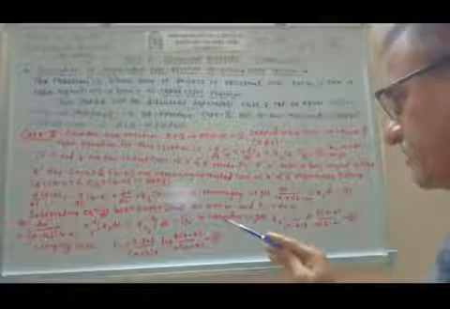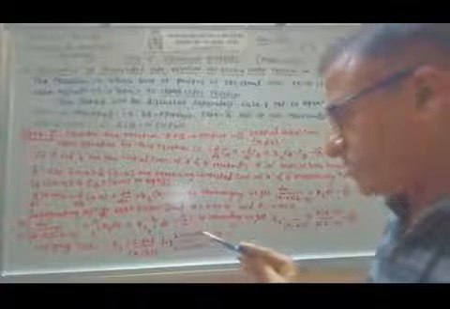By integrating this equation 4 between proper limits, we get the final equation k2 is equal to 1 upon a minus b into t, ln of b into a minus x divided by a into b minus x, call it equation number 5. Now changing the base, we have this equation k2 is equal to 2.303 upon a minus b into t, log of b into a minus x divided by a into b minus x, call it equation number 6. So this equation number 6 is the equation for rate constant of second order reaction for the unequal initial concentration of the reactants A and B.